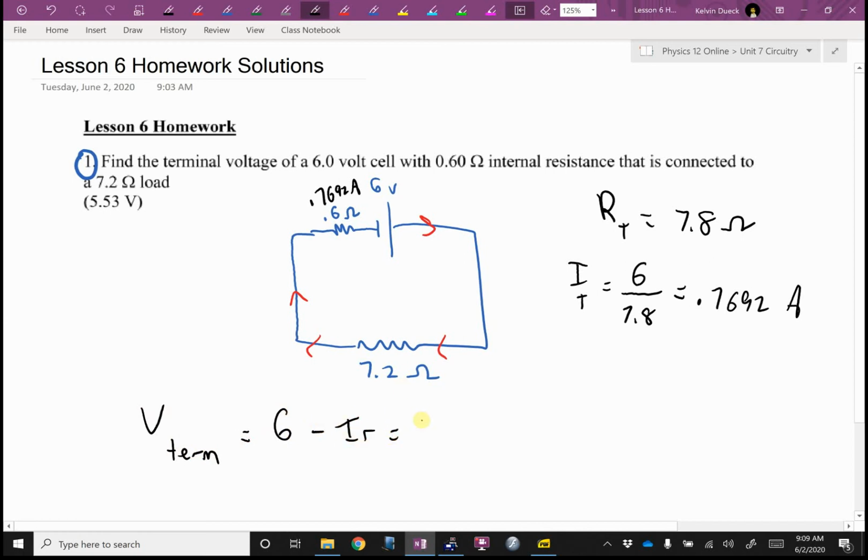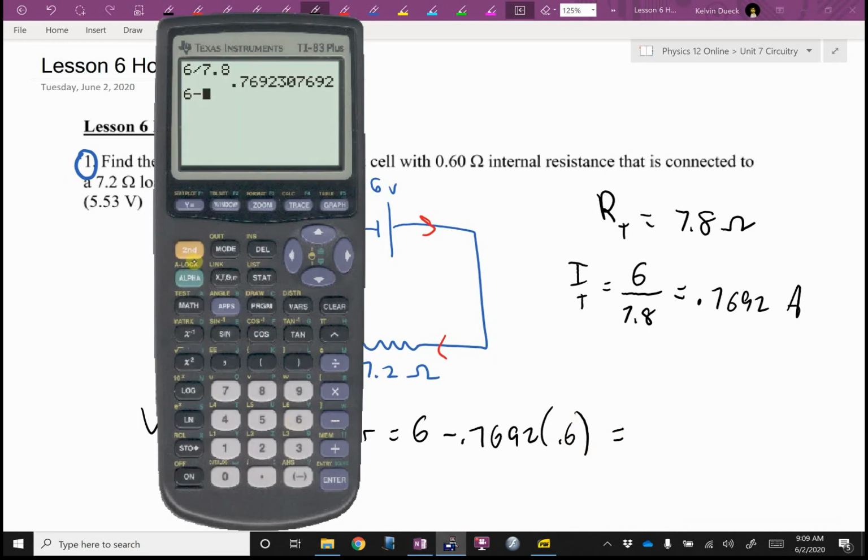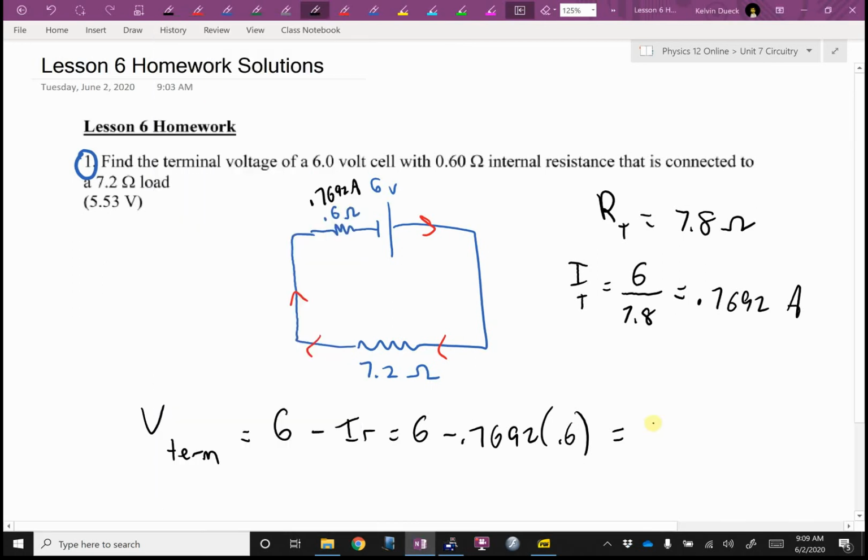It's going to be 6 volts minus 0.7692 times 0.6. And I get 5.54. Answer key says 5.53. Should be 5.54. I'll fix that.